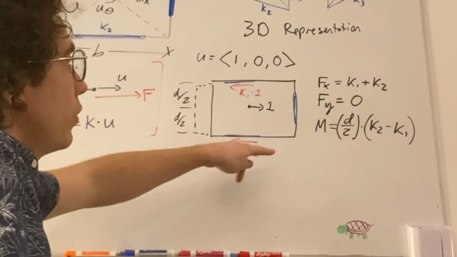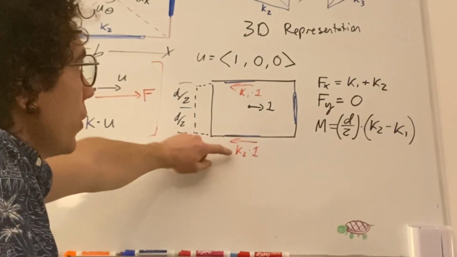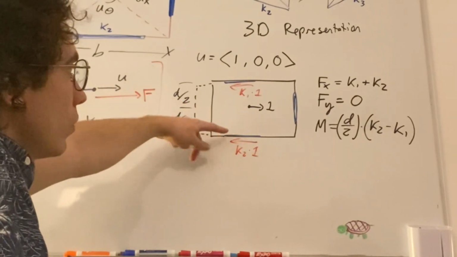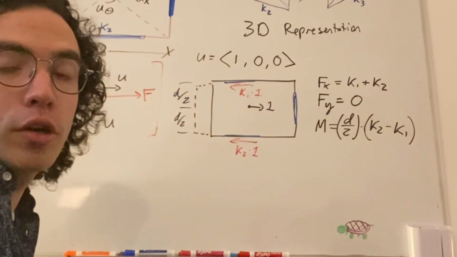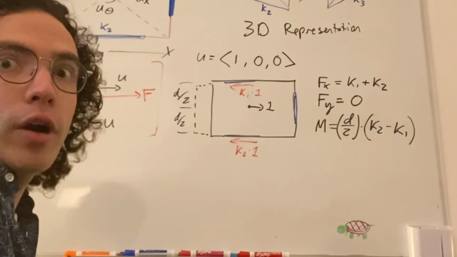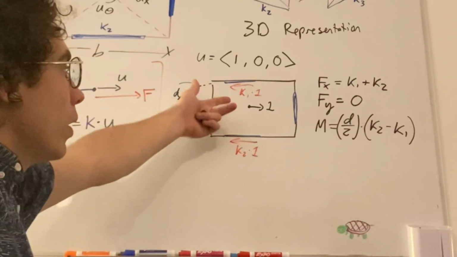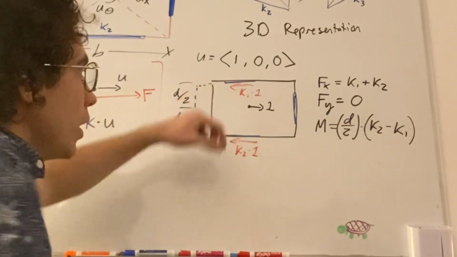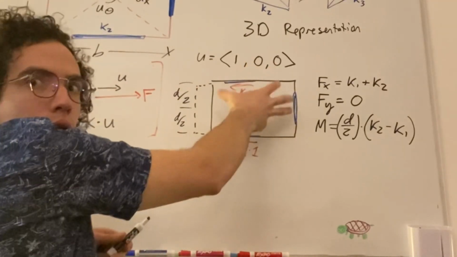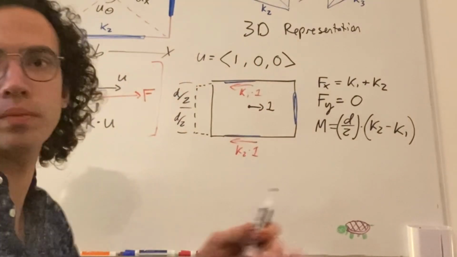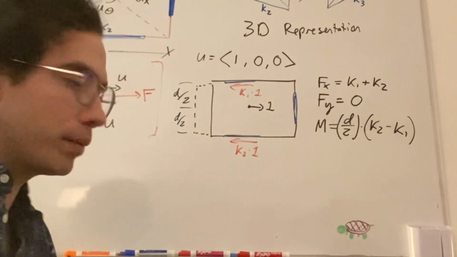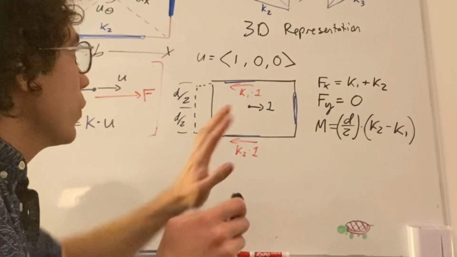Basically, if K2 is larger, then you're going to have a positive moment that you have to counteract. So if K1 was 0, for example, then you would have to apply a torque as well to keep it from rotating when you push it. So that's for that part.